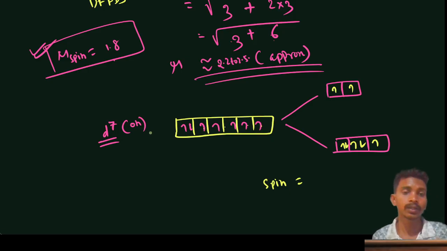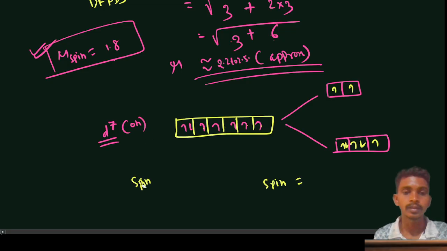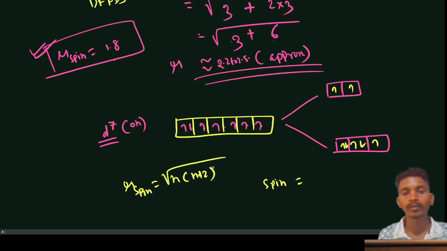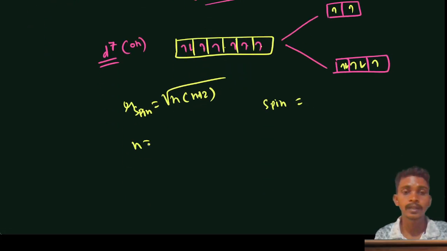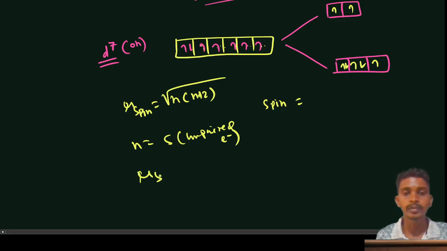Whenever you calculate the spin-only magnetic moment, that is n(n+2), and the shortcut is to calculate the value of n. Here n is the number of unpaired electrons, not paired electrons. The unpaired electrons are 1, 2, 3, 4, 5, so 5 unpaired electrons, so the spin-only magnetic moment will be 5.8.